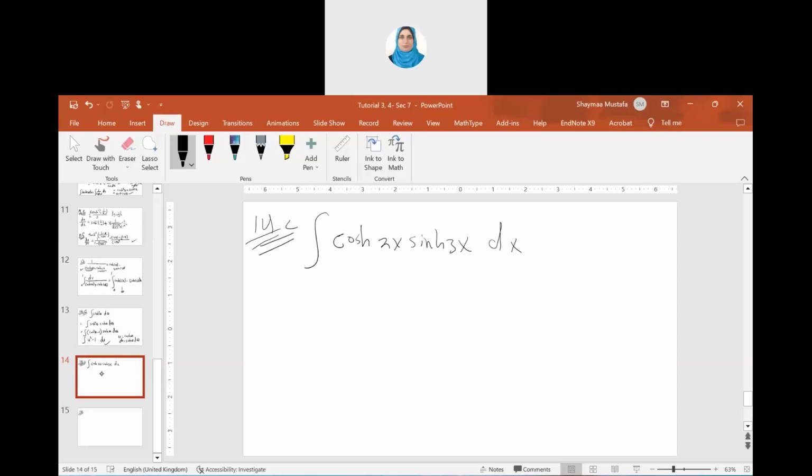Now this one, you will use this identity because you have sine and cosine. We know that sine x cos y equals 1 over 2 of sine (y plus x) minus sine (y minus x).